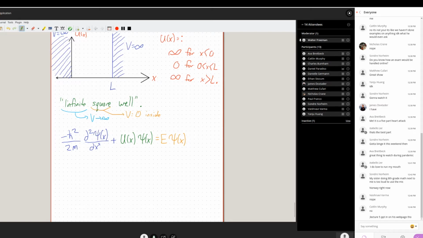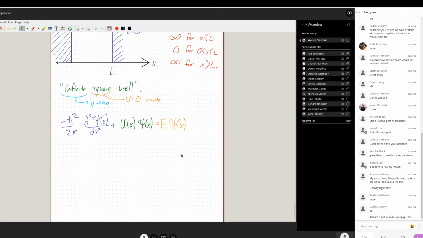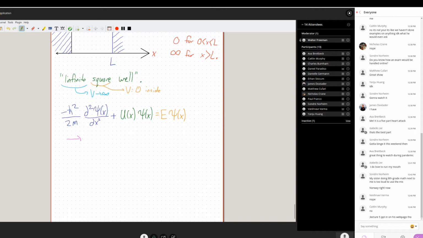So now our task is to find a function psi of x that solves this.